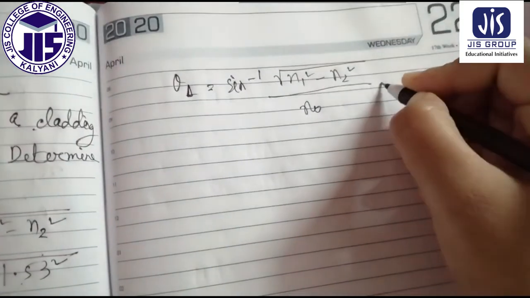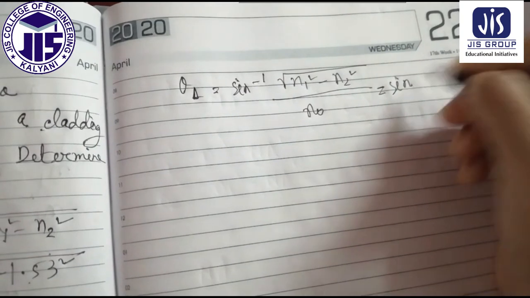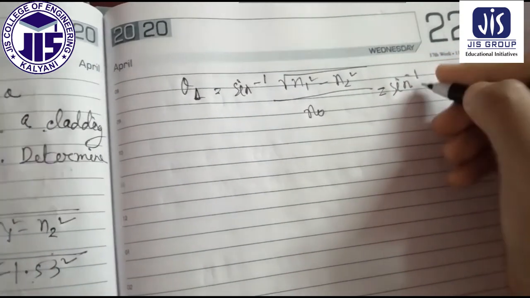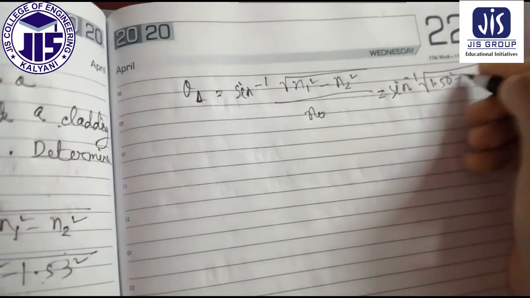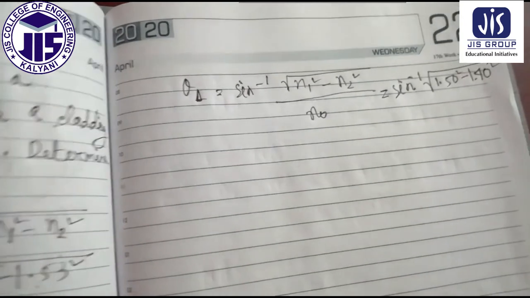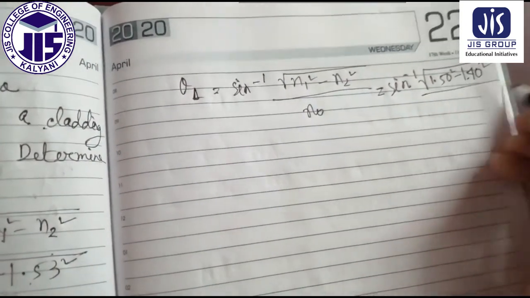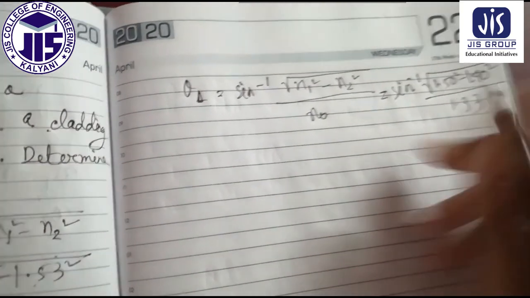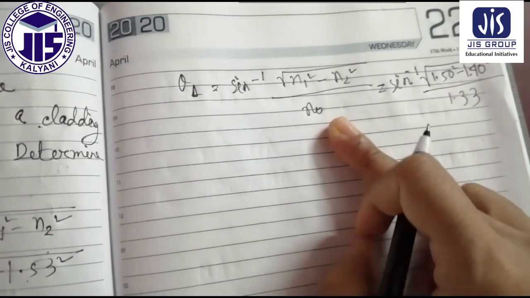So you just have to put the values: sine inverse root over of 1.50 square minus 1.40 square, divided by 1.33, because n0 is the refractive index of the outer medium.